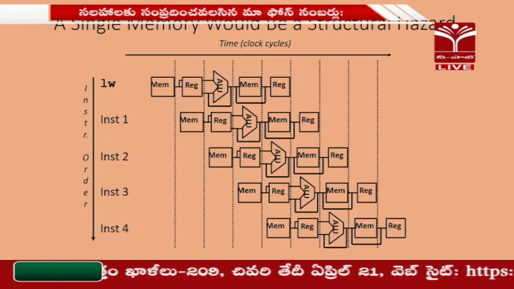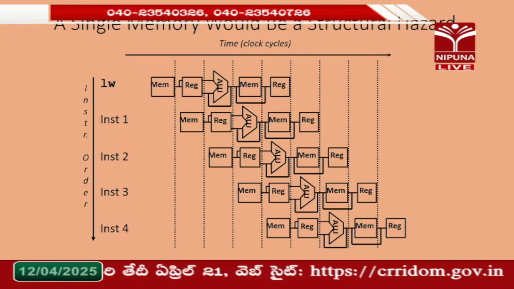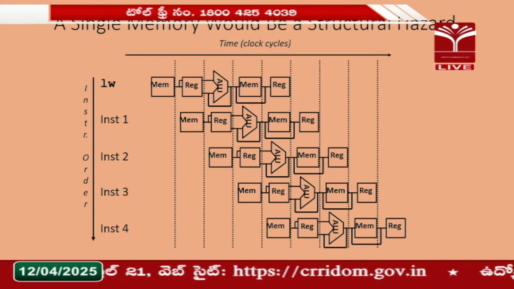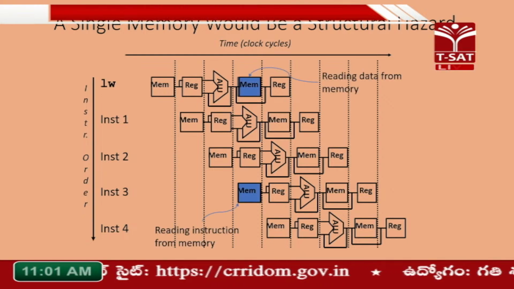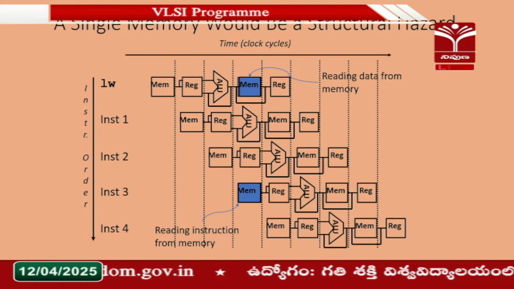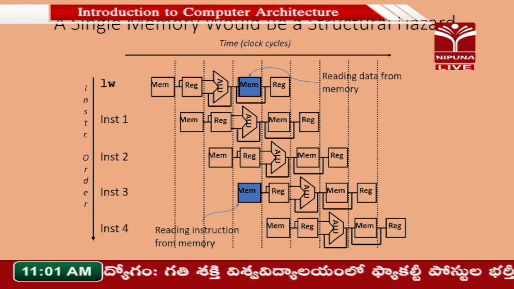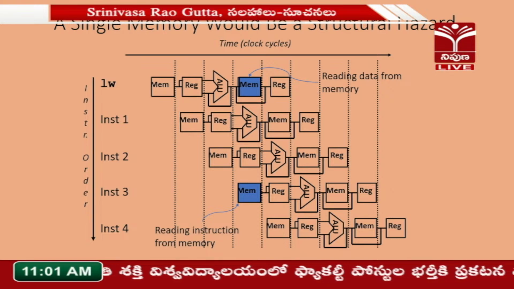Look at the same instruction flow. In this particular example, let us say instruction 3 and instruction 1, which is a load word, are competing for the same memory.